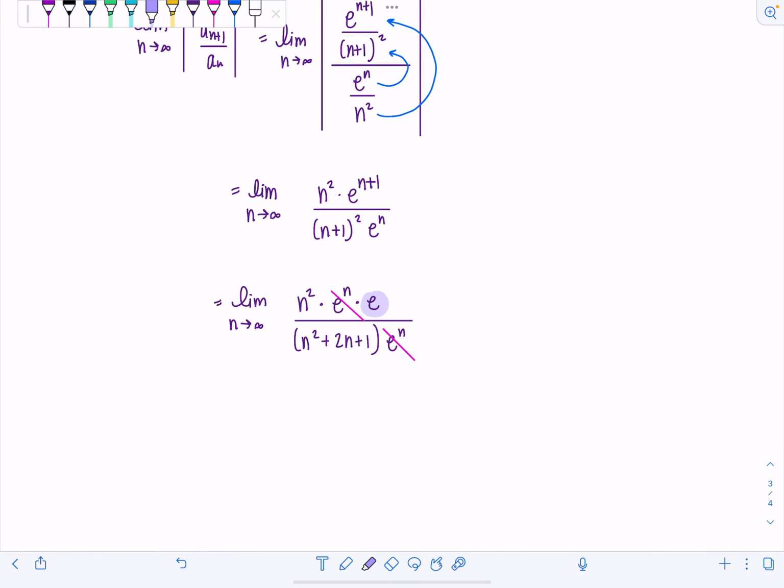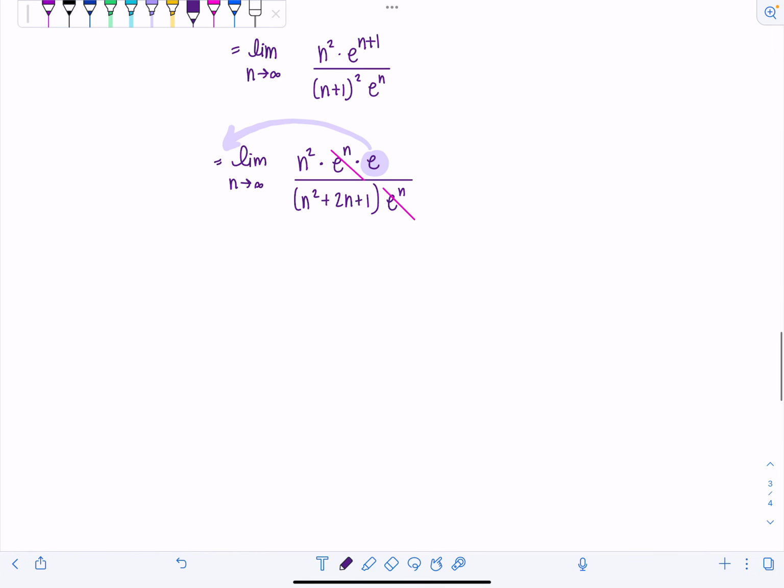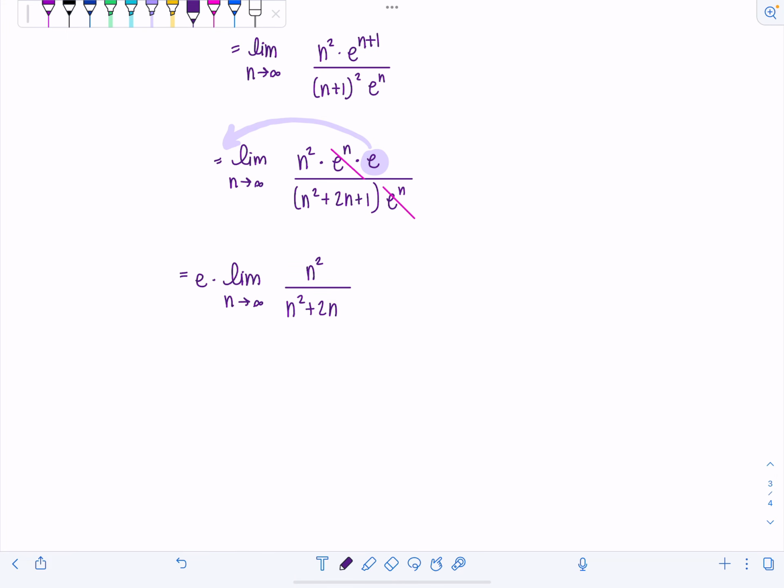This e is just a constant. If I want, I can take it out of my limit, so I can just focus on what's going on here. Let's do it then. E times the limit as n approaches infinity of n squared over n squared plus 2n plus 1. To evaluate this limit, I'm going to divide by the highest power of n in the denominator, which is n squared.